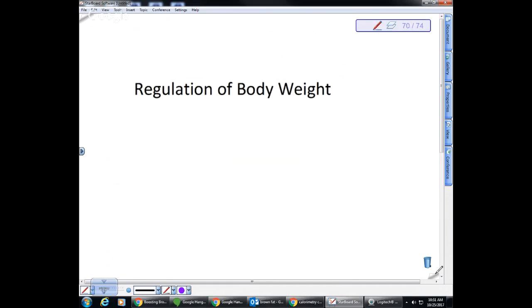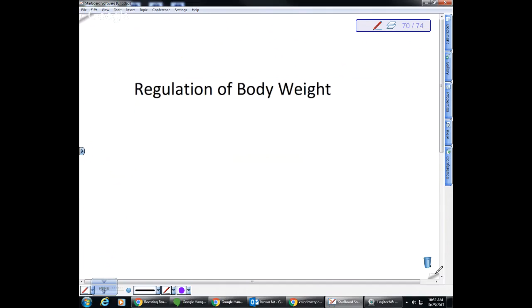So the last thing that we're going to talk about is how we regulate our body weight. It's very interesting, because if you think about it, you kind of want your body weight to be relatively stable. You don't want to gain a lot of weight and lose a lot of weight over a given amount of time. So it's like homeostasis, right?